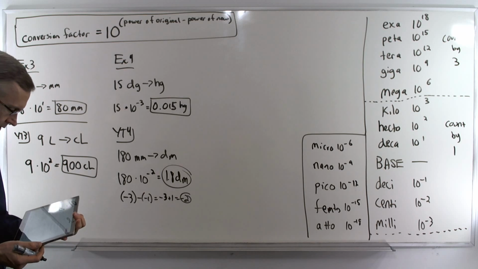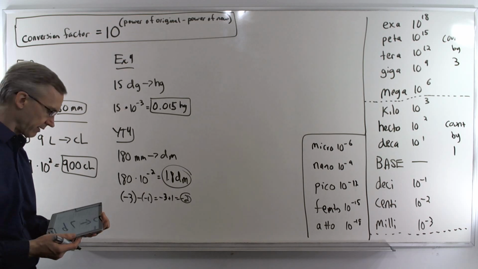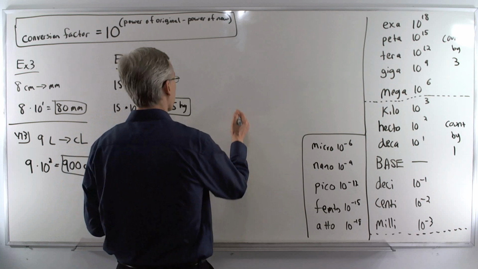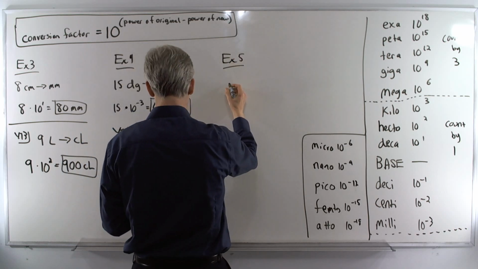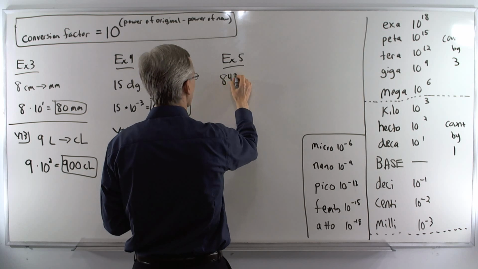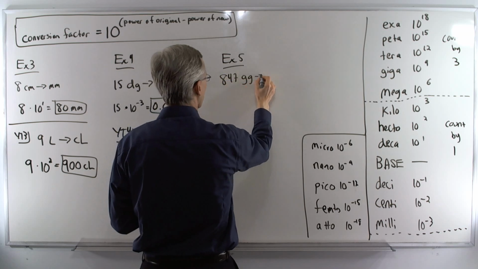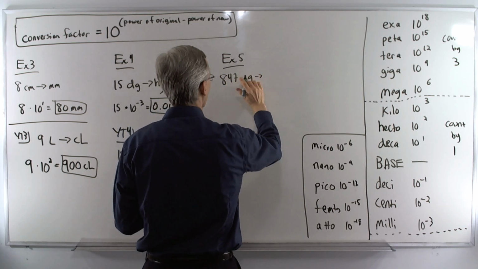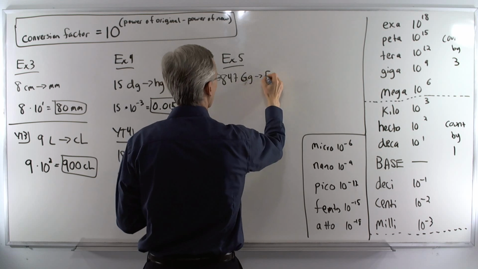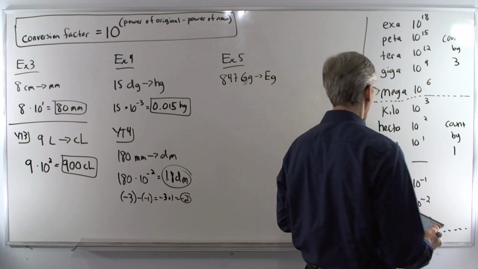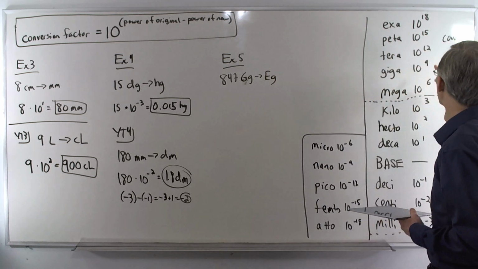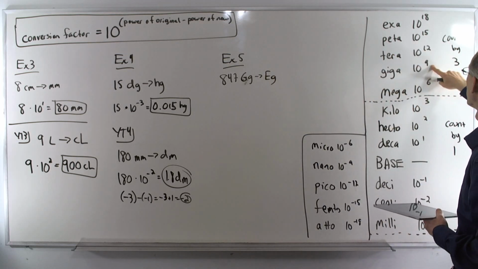All right, next up, we're going to do 847 gigagrams to exagrams. We're going to find giga, going up to exa.